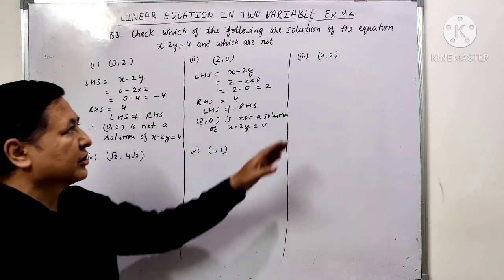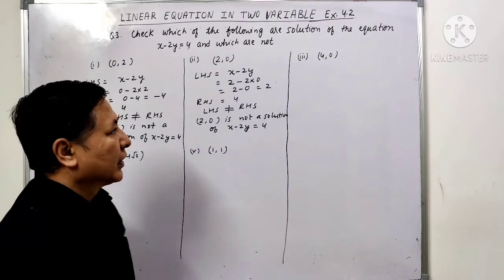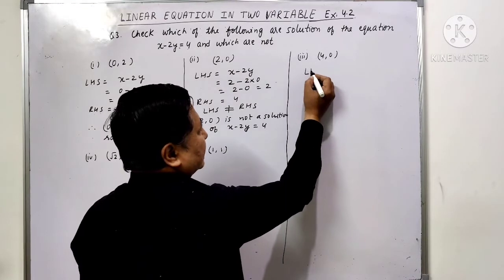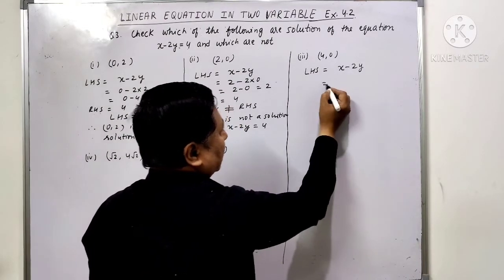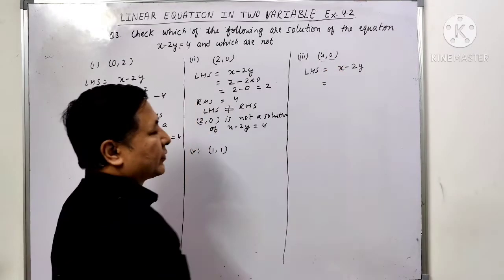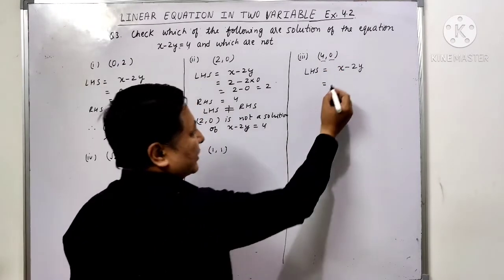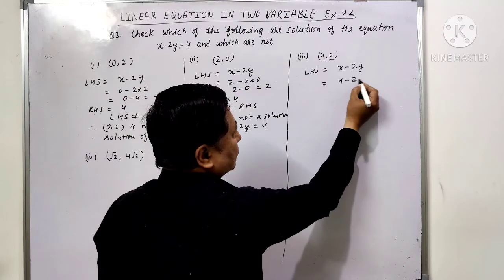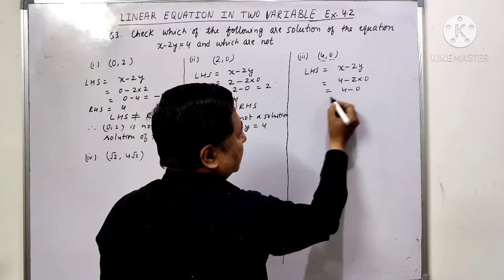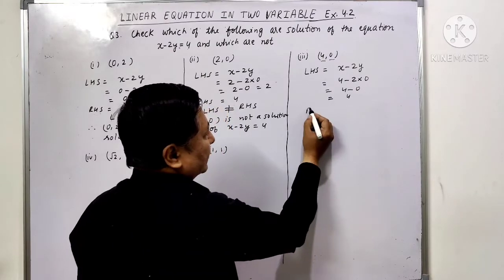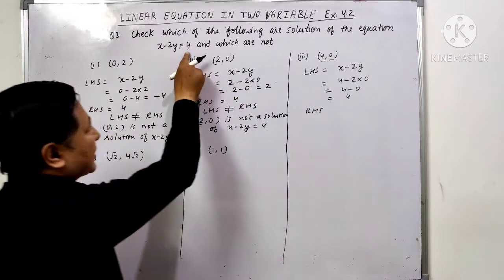Now let us check the third, whether it is a solution or not. Again we will calculate the left hand side, that is LHS equals x minus 2y. This is x and this is y, so we put the values of x and y. It is 4 minus 2 into 0. 2 into 0 is 0, so 4 minus 0 is 4. The right hand side here is 4.